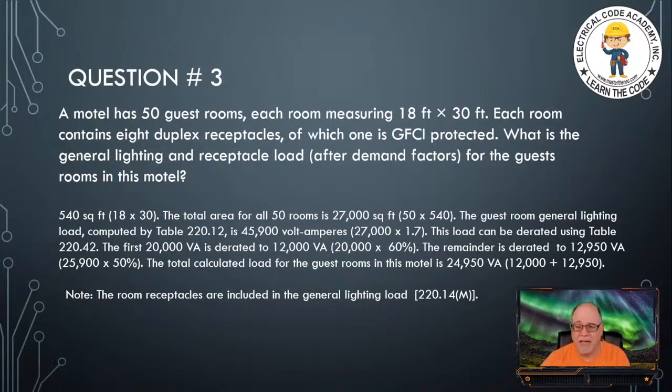We're going to add those two together: the 12,000 from the first 20,000 at 60%, and the 12,950 from the remaining value at 50%. Add them together, 24,950 VA, and that is our contribution for the general lighting and receptacle loads after we applied the demand factors in 220.42 to this question.